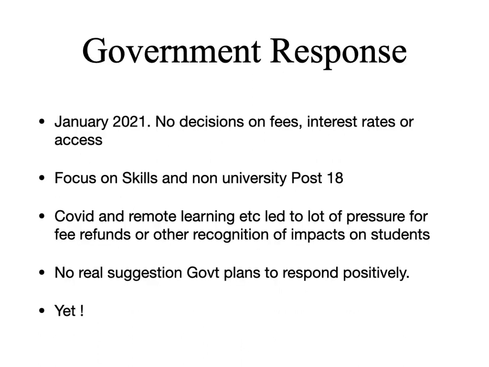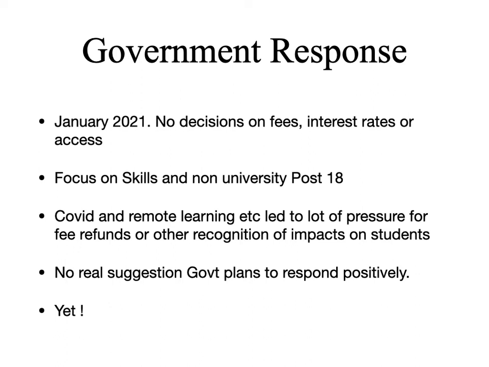And just last month, the government responded to the Augar review, or at least they issued a response to some of the proposals. There were no decisions on the level of fees, no decisions on interest rates, and really no decisions on access. There was much more of a focus on technical skills and non-university post-18 education and training.